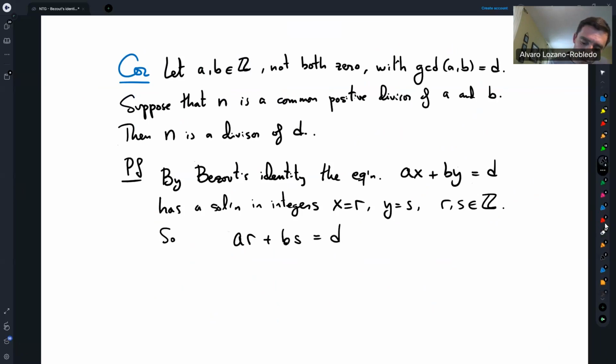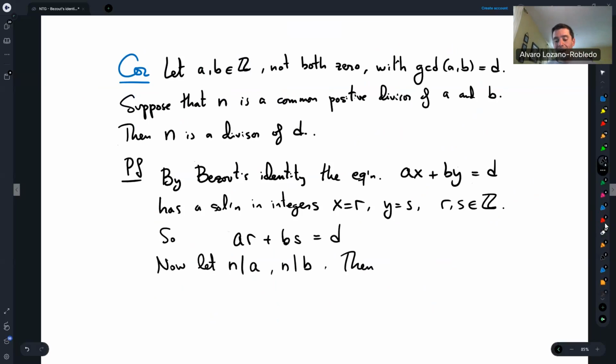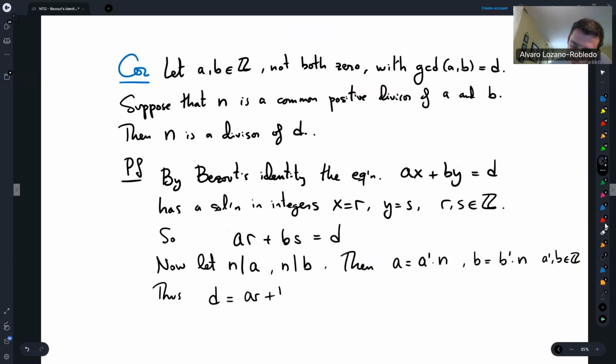Okay. Now let N be a divisor of A and a divisor of B. Then N also divides AR plus BS, because A is a multiple of N, so this is A prime times N, and B is some B prime times N for some integers A prime, B prime, and therefore D, which is AR plus BS, will be N times A prime times R plus N times B prime times S, which is N times (A prime R plus B prime S).